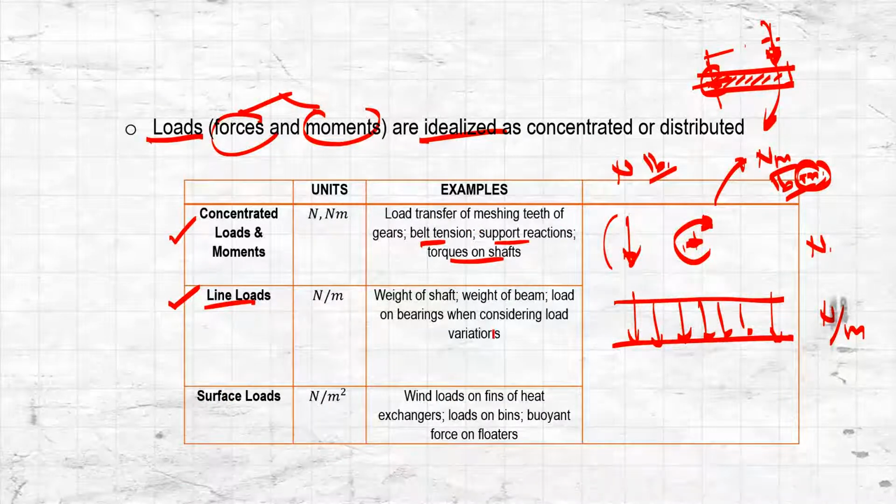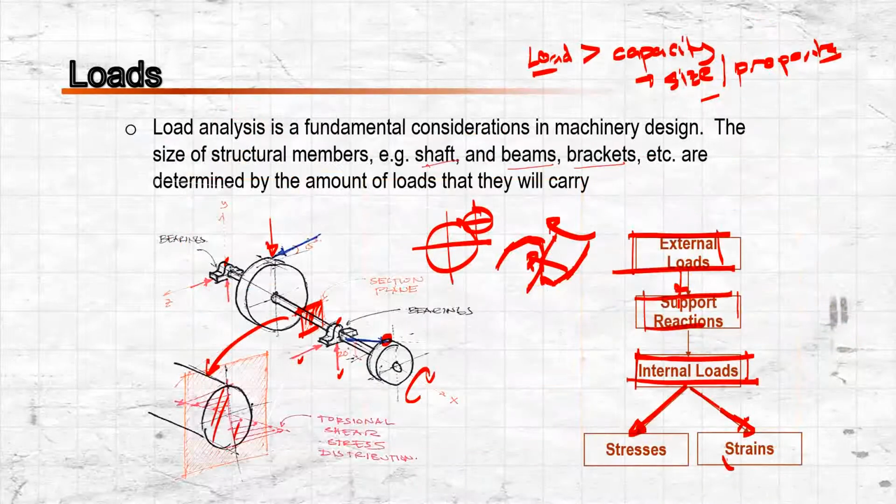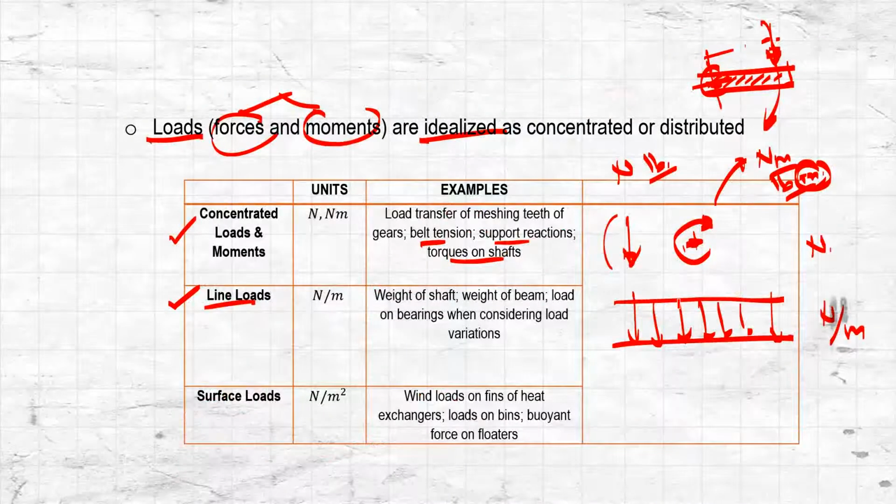So if you have, let's say, a non-regular load distribution, then of course the effect is that you would have more complex mathematics. Okay, so that's the line loads, and for surface loads, the unit is Newton per meter squared.